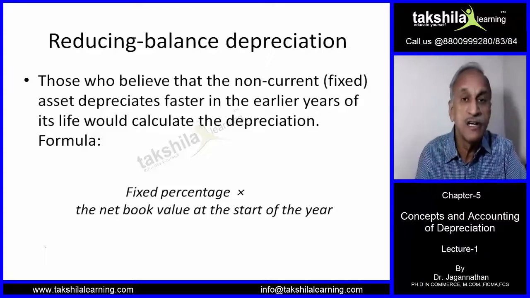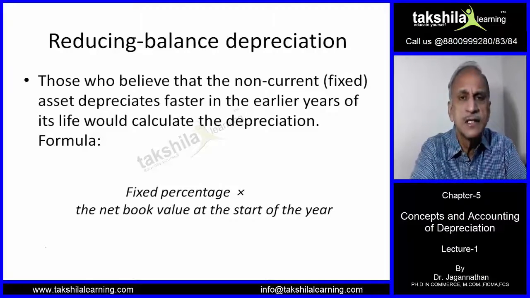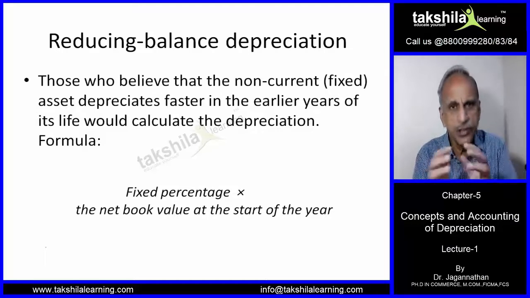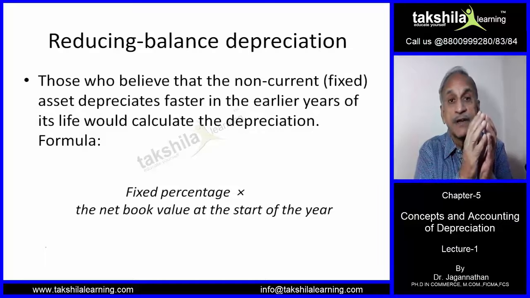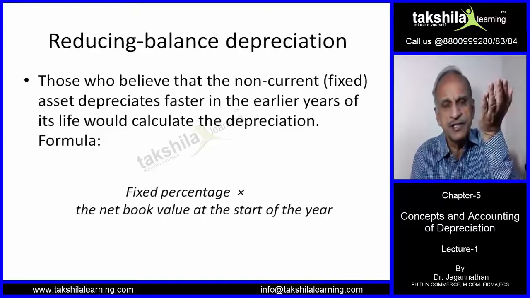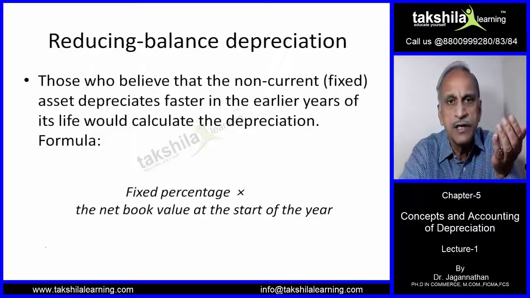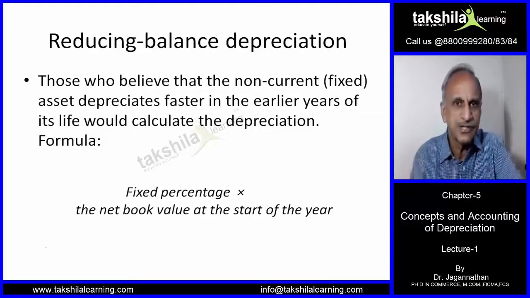If you take a machinery which produces, say, 1000 units per day, after 10 years you will see that it will be producing 800 or 700 units per day. So logically, the initial years, which produce 1000 units per day, should have more depreciation because you are using it more vigorously. And when you come down slowly to 800 units per day, your depreciation must reduce.